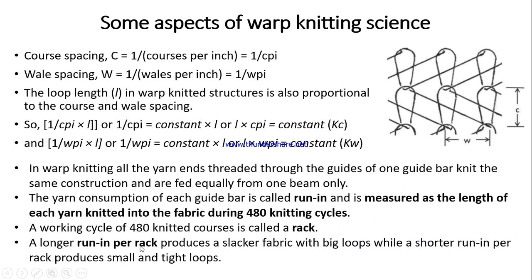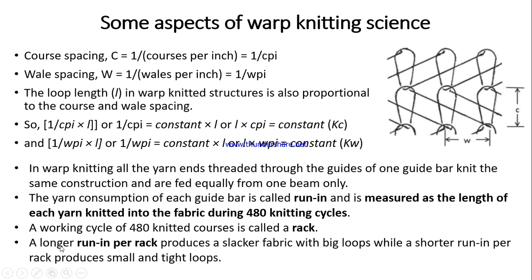So a longer run-in per rack means a longer run-in per 480 knitting cycles. When this value is higher, a longer run-in per rack produces a slacker fabric with big loops, while a shorter run-in per rack produces small and tight loops.